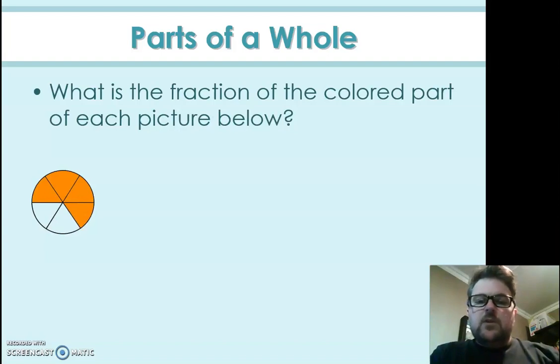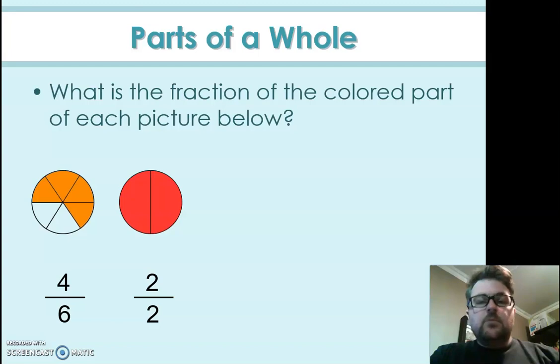What fraction is the colored part of each of the below pictures? I'm going to give you 2 seconds between the picture and me giving you the answer. If that's too quick, pause the video, try and work it out, and then press play. That one is 4/6. That one would be a whole.